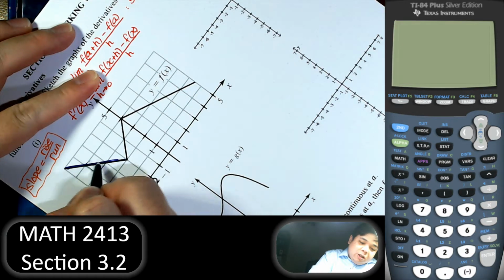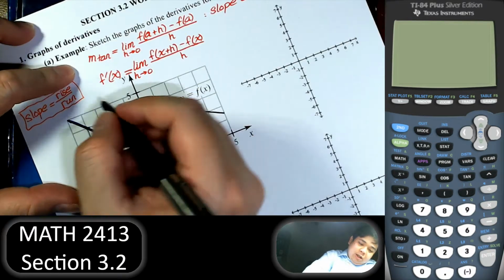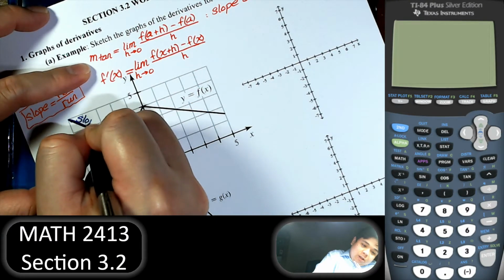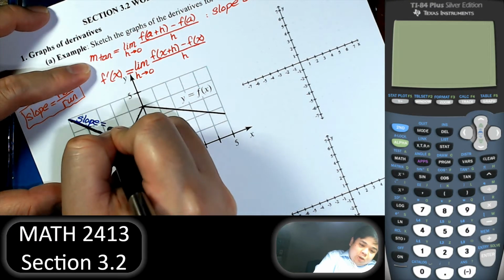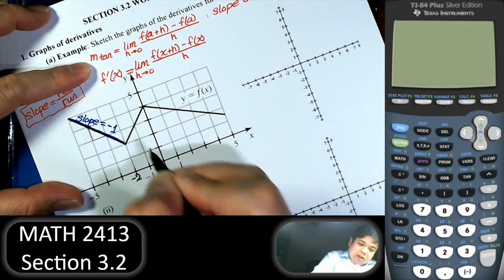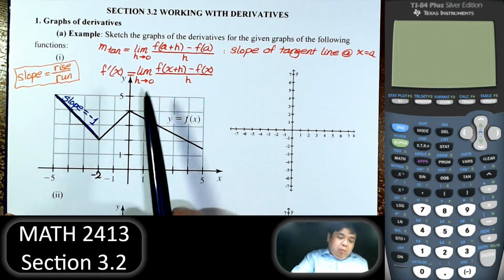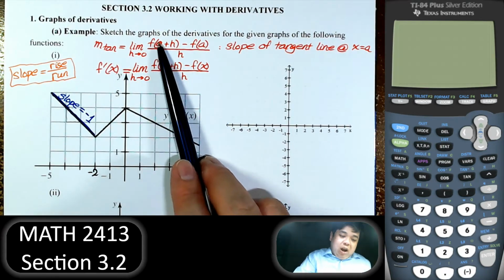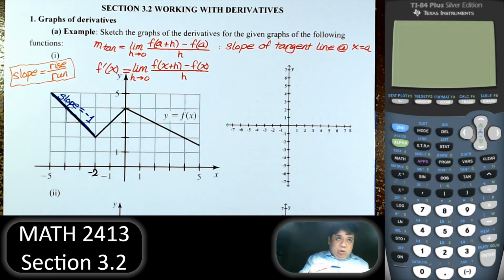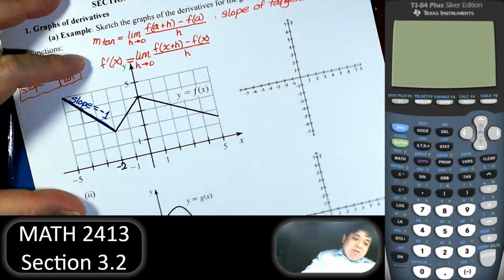For this part, the slope is equal to -1. So in this example, we will sketch the graph of the derivative, meaning we sketch the graph of the slope.